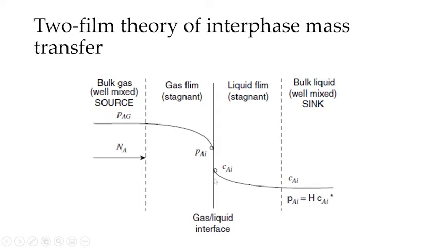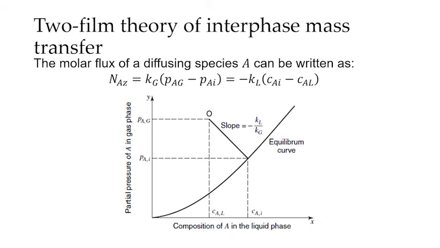Okay? If we take a look at the graphical representation of the partial pressure of A in the gas phase versus the concentration of A in the liquid phase, we see here an equilibrium curve. For every point touching this equilibrium curve, we can apply Henry's law. That's why you see here that CAI, or the concentration of A in the interface, intersects with the partial pressure of A in the interface in our equilibrium curve.